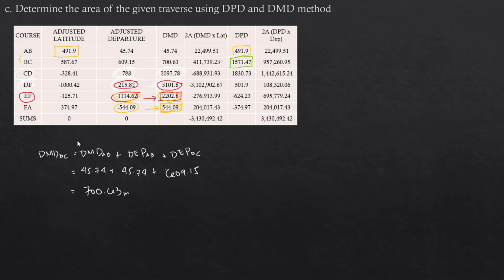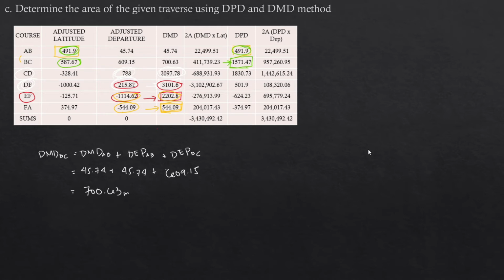Ayan. Paano nakuha yan? Ipag-add yung nasa taas, plus ito, preceding departure, then plus yung preceding latitude, plus yung latitude itself ng course. Okay, so yung tatlong yan. Ang kakalabasan, ito, try compute.